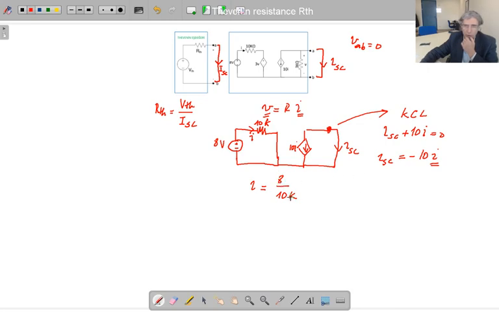So if I put this here, it becomes minus 10 times 8 over 10K. So 10 has gone. If you do the calculation, ISC is minus 8 milliamp.